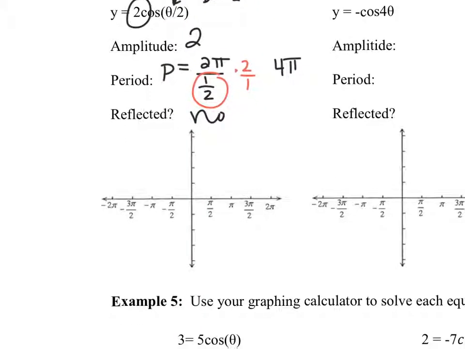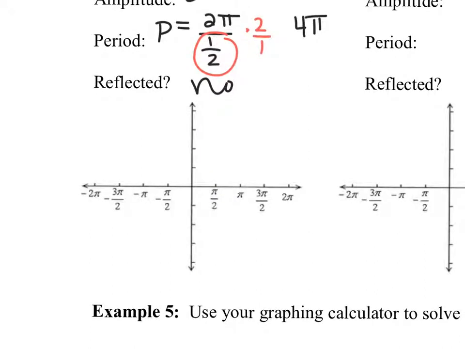So to graph this, I'm going to make my amplitude go up to 2 and down 2. And I'm going to have one cycle from 0 to 4 pi.